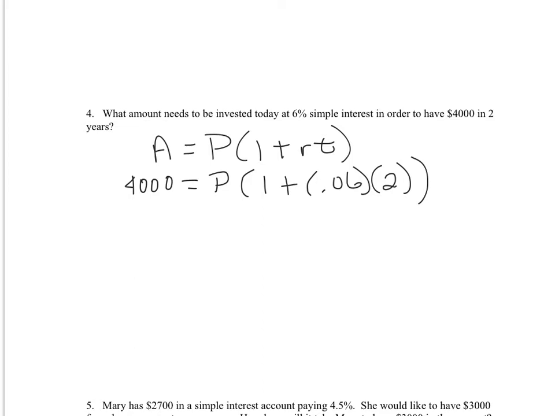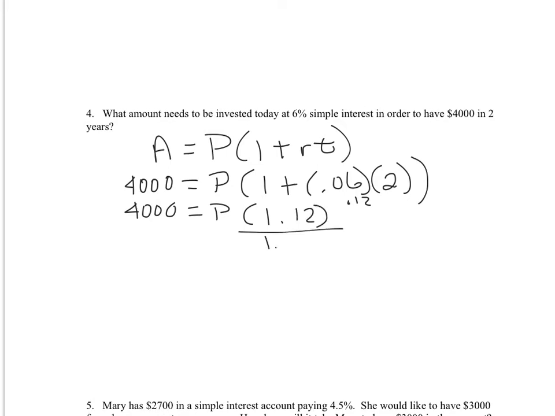Now again, order of operations tells me that I start inside the parentheses, and I'm going to have to multiply before I add. So 0.06 times 2 is 0.12. When I add that to 1, I get 1.12.